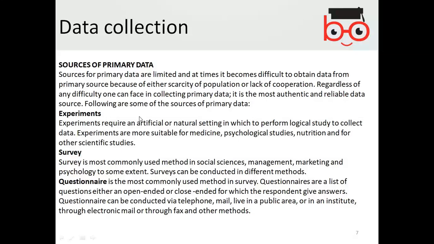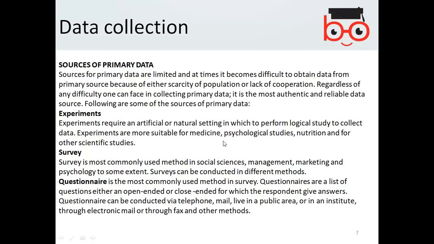The sources of primary data could be, for example, experiments, surveys, and questionnaires. Experiments require an artificial or natural setting in which to perform a logical study to collect data. Experiments are more suitable for medicine, psychological studies, nutrition, and other scientific studies, for computing as well.